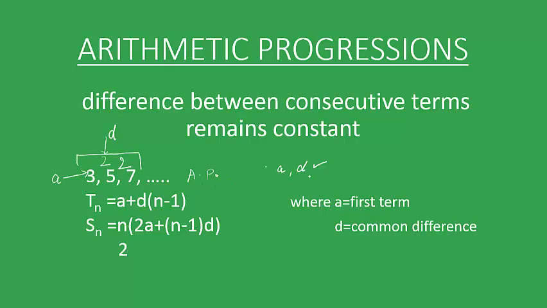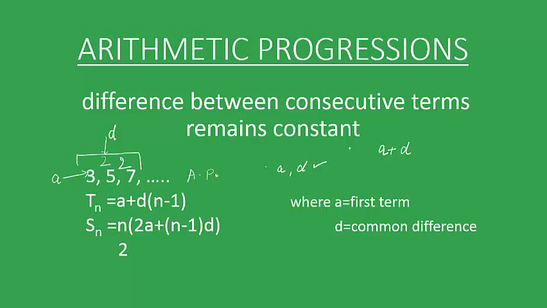As you can see, the second term is given by adding the constant difference to the first term.